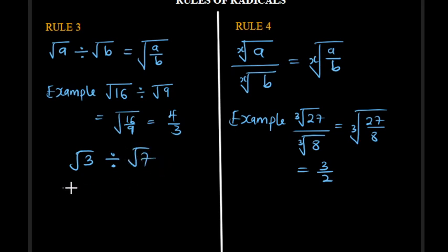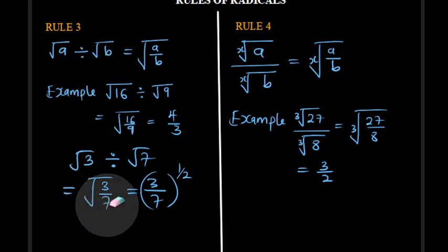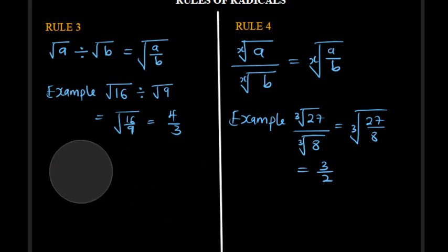You know that this is the same as root of 3 over 7, right? So you can equally put it this way: 3 over 7, all to the power of 1 over 2. Okay, so that is it for rule 3.